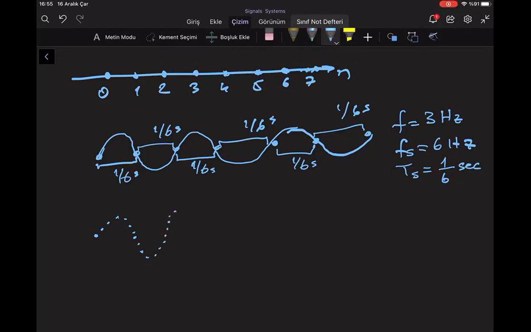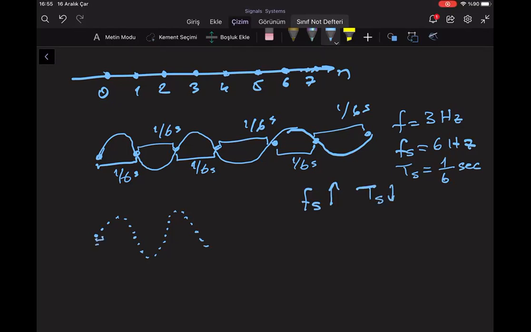Yes, this is better. Is this a better representation than this zero stuff? Yeah, this one is better. What did I do to have a better representation of my continuous time signal? More samples. More samples means increasing the sampling frequency or decreasing the sampling period.